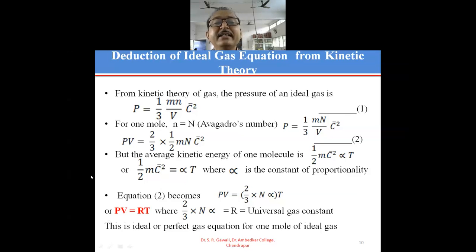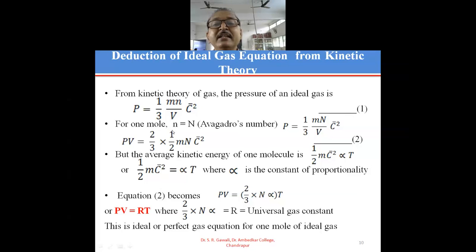From the kinetic theory of gases, the expression for the pressure exerted by the molecules of the gas is given by P equal to 1 by 3 m into n upon V into c bar square. This is equation number 1. For 1 mole of ideal gas, n is equal to capital N. What is capital N here?